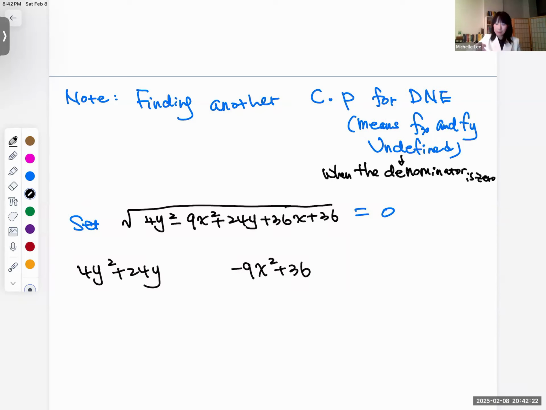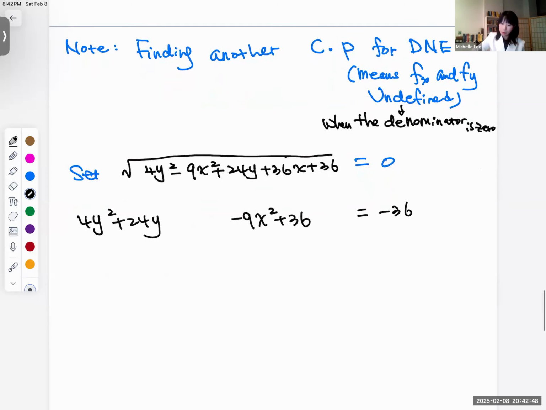Okay, so we have this 36 move to the other side, right? So that will be negative 36. All right, so I made an empty space. So you can notice that we're going to make a completing square, right? So completing square.